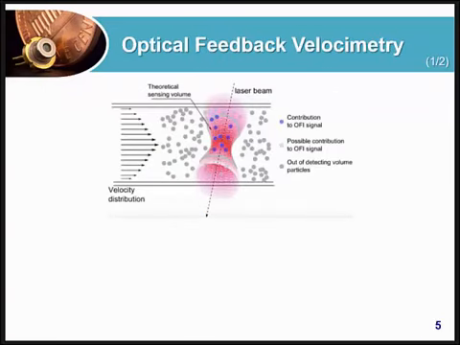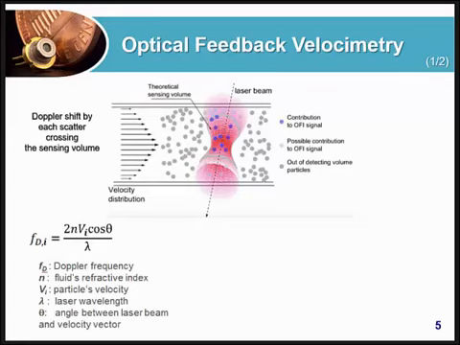In optical feedback velocimetry, the particles that cross the sensing volume of the laser scatter the light, and we have a contribution of each particle. So across the velocity distribution, we have a distribution of frequency according to the Doppler equation as shown here.